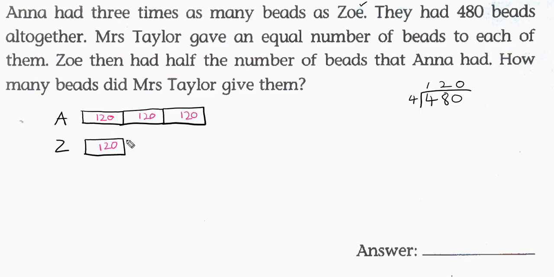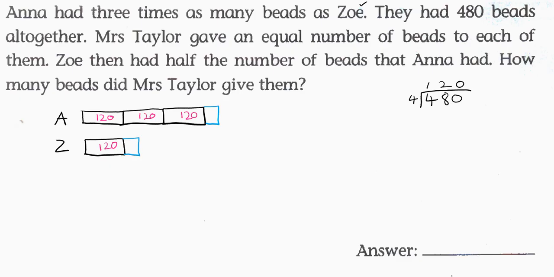Now, if we just added an amount like this, and we added the same amount like this to Anna, that wouldn't meet that criteria, would it? Zoe does not now have half the amount that Anna does.